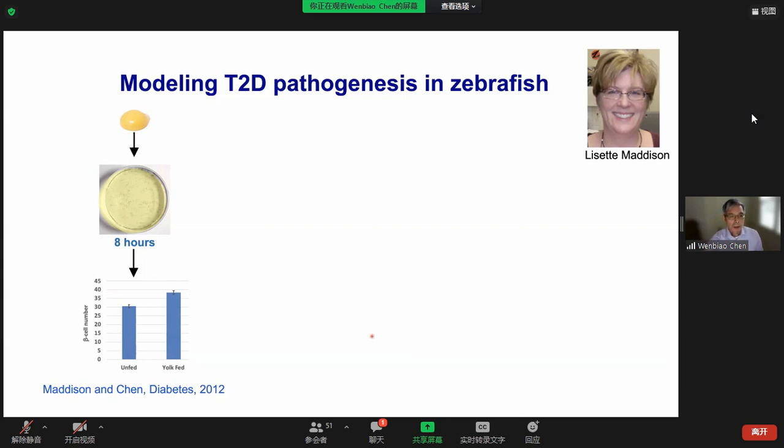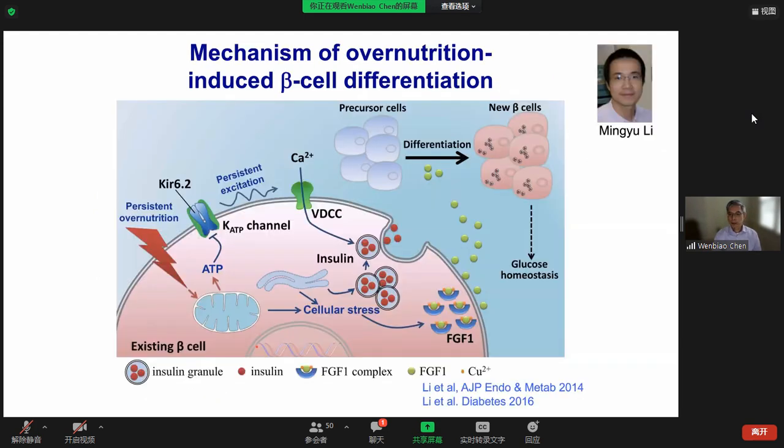So it was somewhat disappointing, but Min-Yu, when he joined the lab, said that this is interesting, I want to know why this happens. So just a very quick summary of what he has found is that this is due to a persistent activation of the nutrient secretion component pathway, and that induces ER stress.